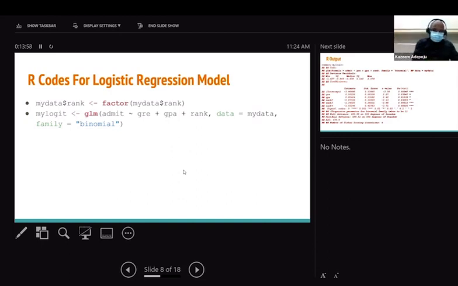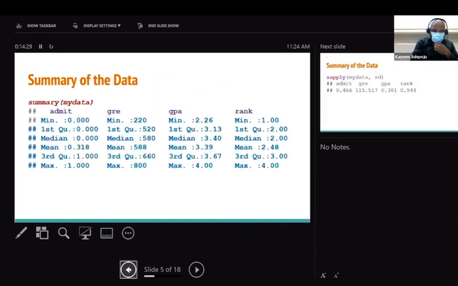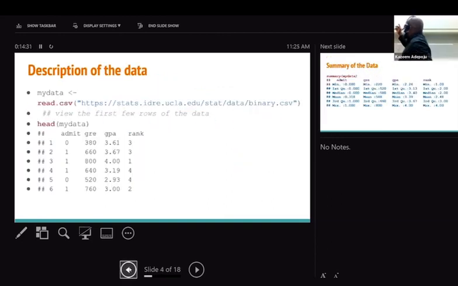If you look at the first one, I'm trying to tell R to treat rank as a categorical predictor. I'm going to say that again. If you take a look at the predictors that I have, I got GRE, I got GPA and rank. The GRE and the GPA, they are quantitative predictors. Okay, how do I know? You can actually go back to the data set and take a look at that.